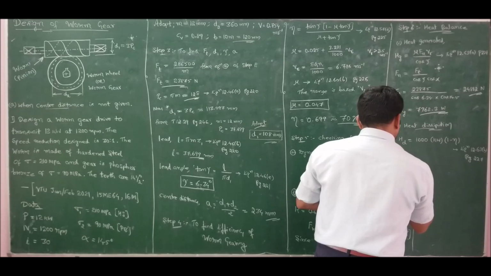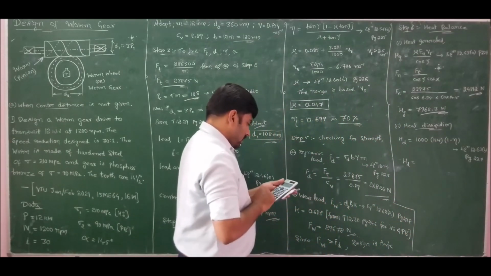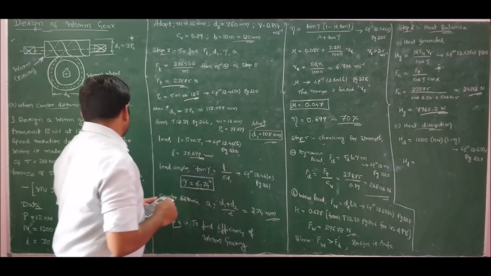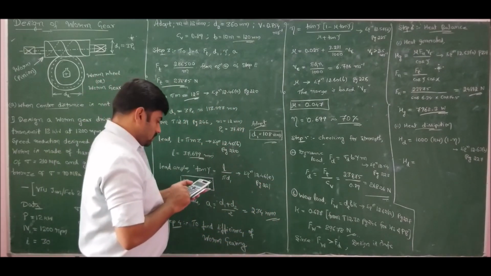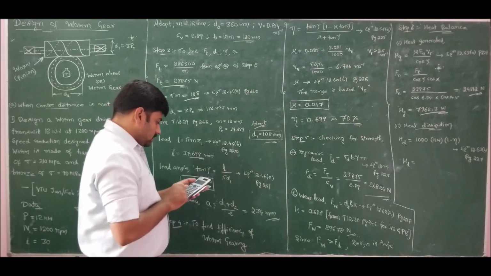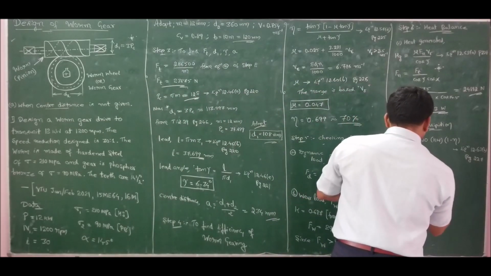So if I substitute and solve, I will get heat dissipated as 1000 into power, which is 12 kilowatts, into 1 minus efficiency of 70%, 0.7, which is turning out to be 3600 watts.